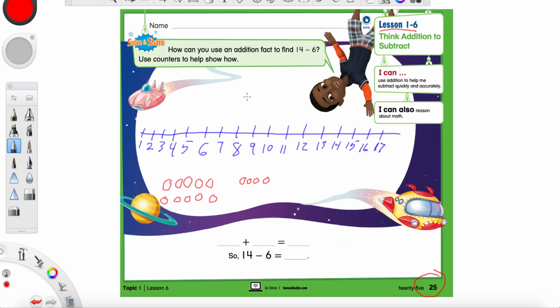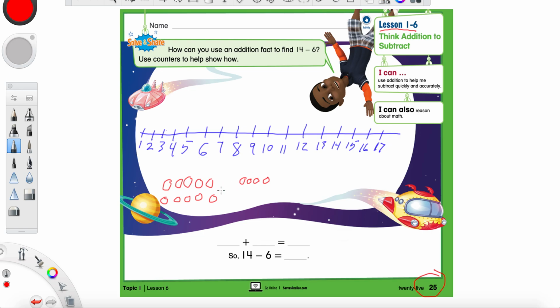When you see a math equation like this one right here, 14 minus 6, you start thinking about it in other ways, and you don't always think of it in the traditional way, okay, I have 14, let me take away 6. For example, we learned way back in first grade that you can draw pictures and then cross out as needed.